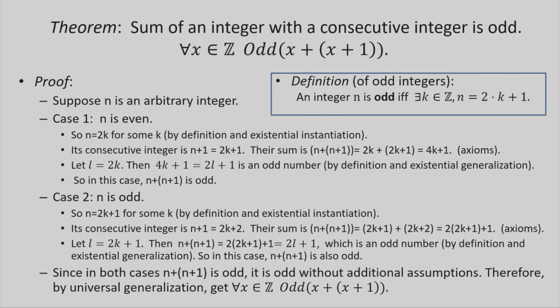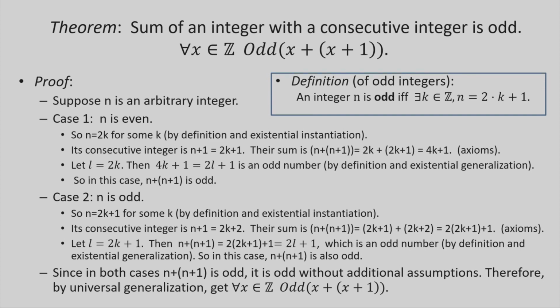So let's prove it. I am already not writing names of some of the steps because you've seen them before. For example, we start by supposing n is an arbitrary integer, and by now you've seen it enough times to say, oh yeah, that's universal instantiation. And now is where universal instantiation comes in handy, because if we're talking about all numbers, we cannot say whether all numbers are even or odd.